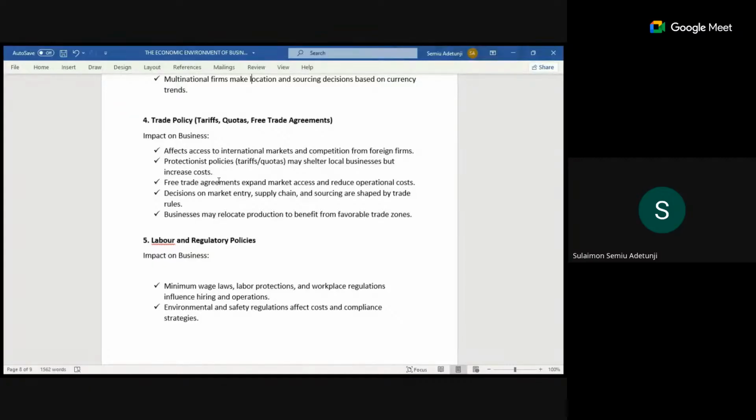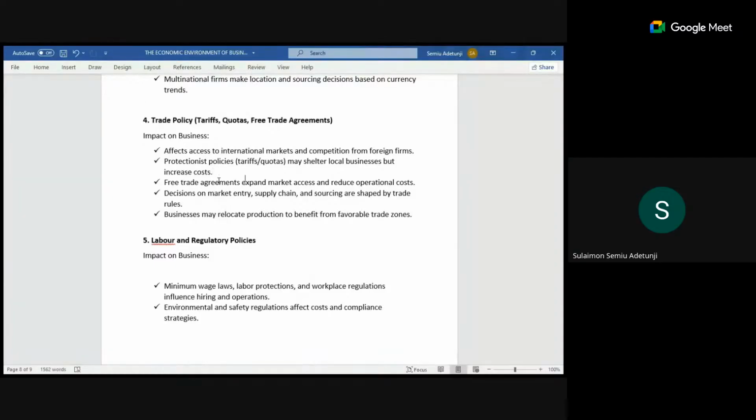Obviously, if you truly want to do farming, you can go there, take a license, get your land allocation, and start, and that will reduce your costs. So everybody wants to relocate their production to where there are favorable trade zones.